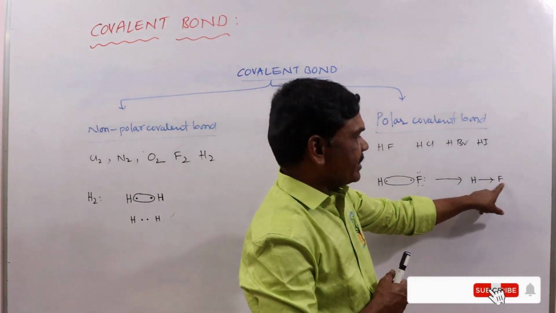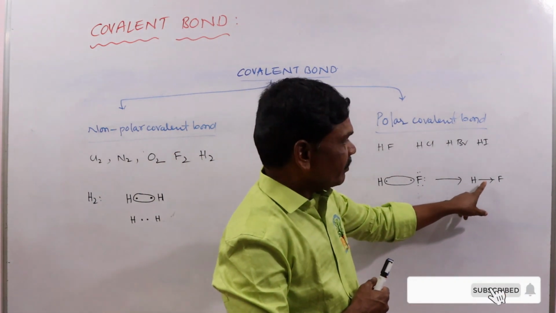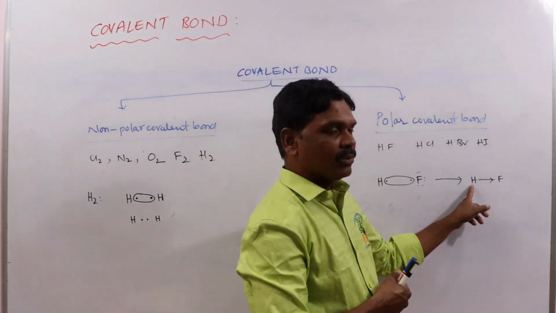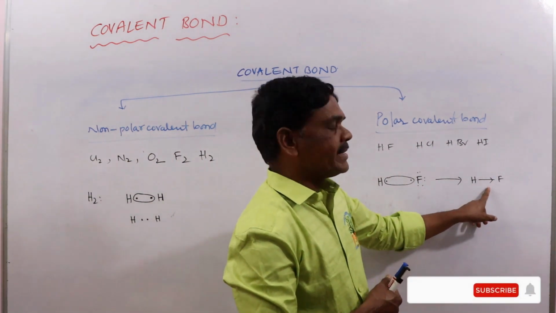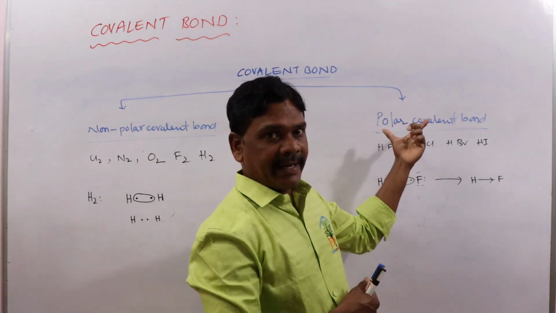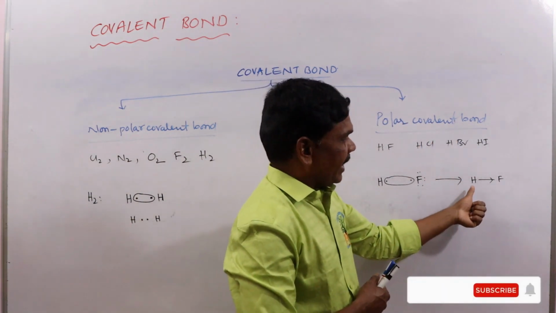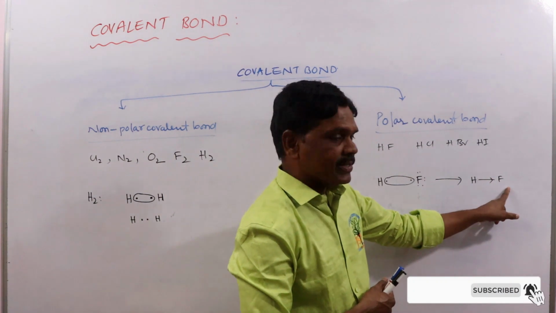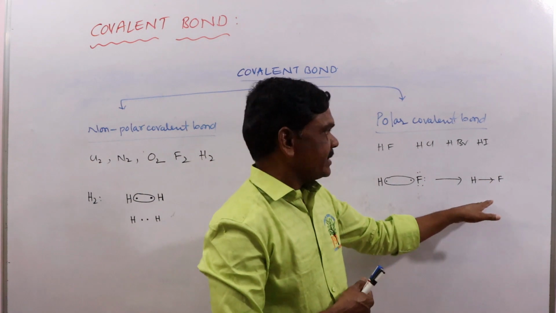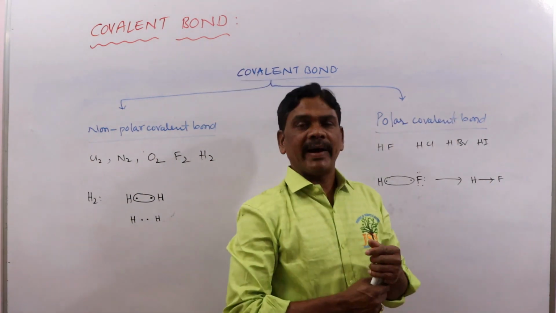Fluorine is the most electronegative element and hydrogen is less electronegative, so the bonded pair between these two atoms gets displaced towards fluorine. This is known as polarity. This is known as a polar covalent bond.